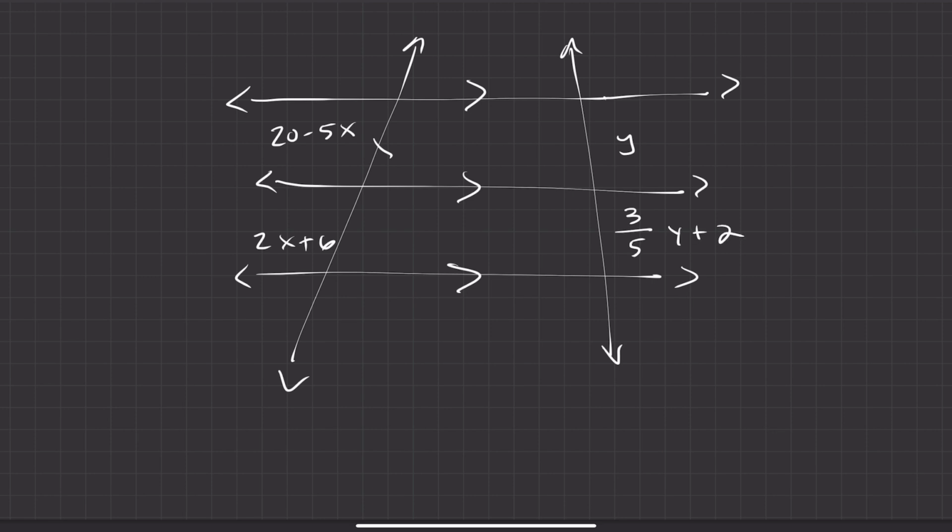So notice that we have 3 parallel lines cut by 2 transversals, okay?